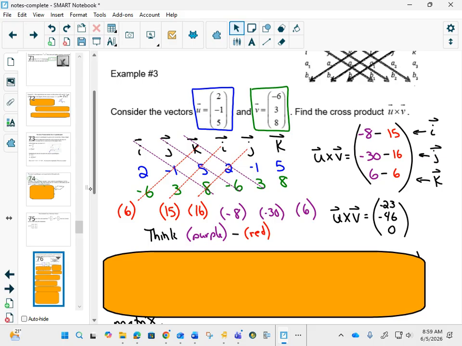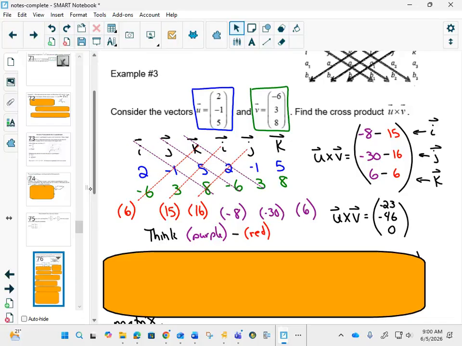Is that vector perpendicular? That vector would be perpendicular to both the original two. So if I did the dot product with those two, how do we know what the dot product is if two things are perpendicular? The dot product is 0.